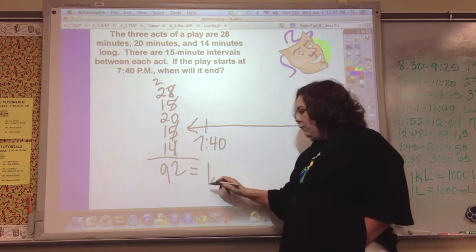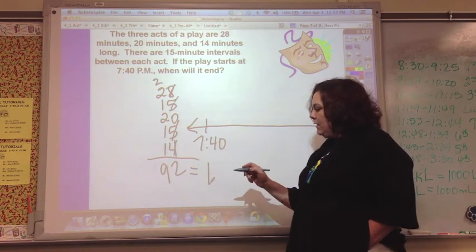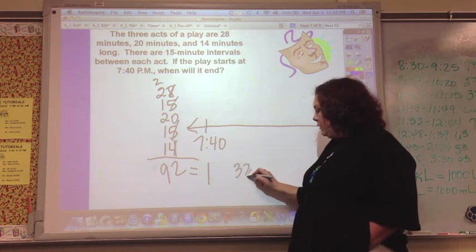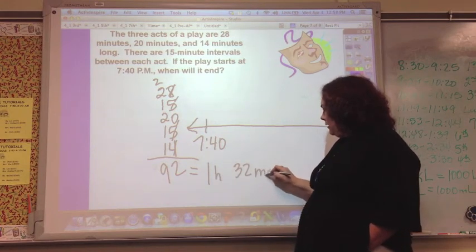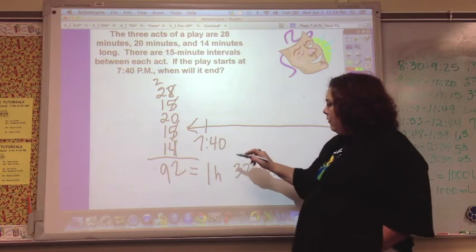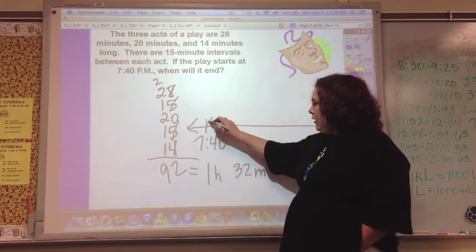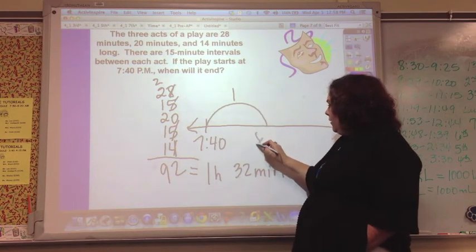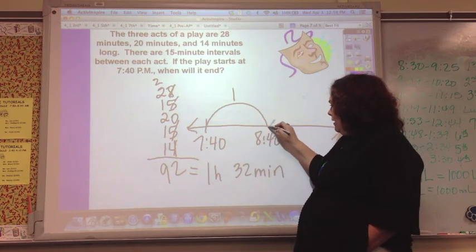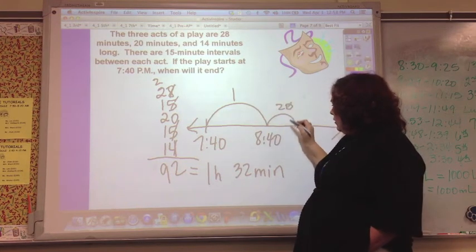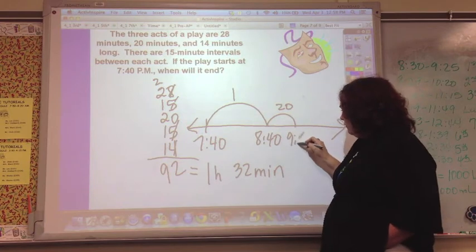60 minutes would be 1 hour, and 92 minus 60 is 32 minutes. So 1 hour, 32 minutes is what we're working with. So if it starts at 7:40, the 1 hour would put it to 8:40. And then 20 minutes would put it to 9 o'clock.